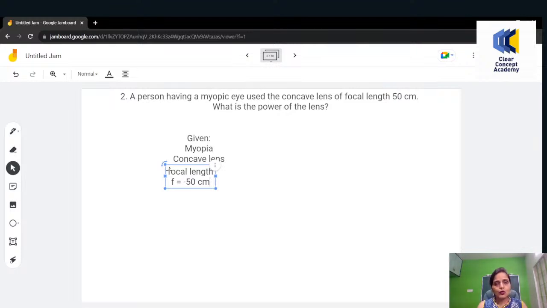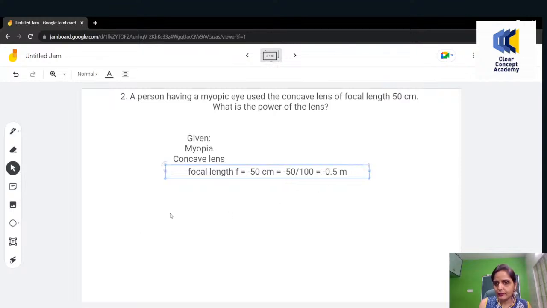No. So it is always advisable that you convert the focal length in the given itself in SI unit. So minus 50 centimeter becomes minus 50 upon 100. Whenever you are converting from centimeter to meter, you divide that length by 100. So which is minus 0.5 meter. Thus you obtain the focal length in meter.